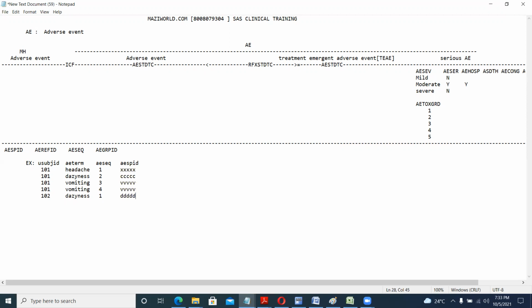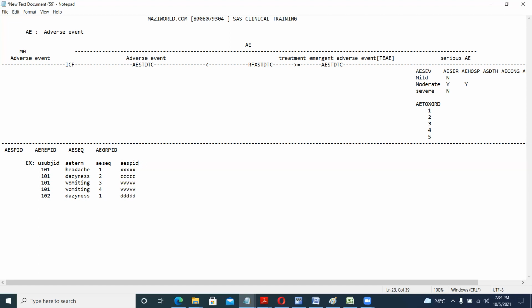This is the use of the AE sponsor ID. AESEQ is based upon the USUBJID, while AESPID is based upon the AE term, because for whatever events are there, each and every event gets a reference number. I mean to say that the sponsor ID is a kind of reference number, and these numbers get assigned completely. That is what we call the sponsor ID.